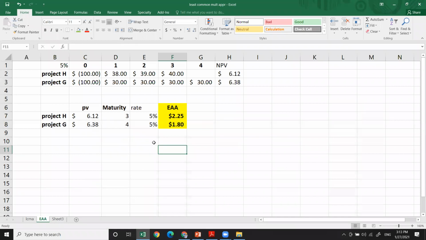Okay, my question. Is it always, what do you think, is it always the case that the result of the equivalent annual annuity matches the least common multiple approach? Did you get my question? Could you repeat the question? Is it the case that the results of the equivalent annual annuity always support the result of the least common multiple approach?